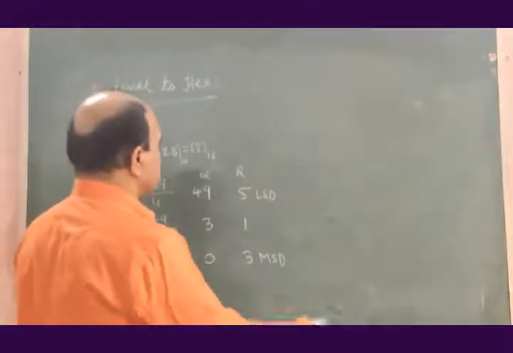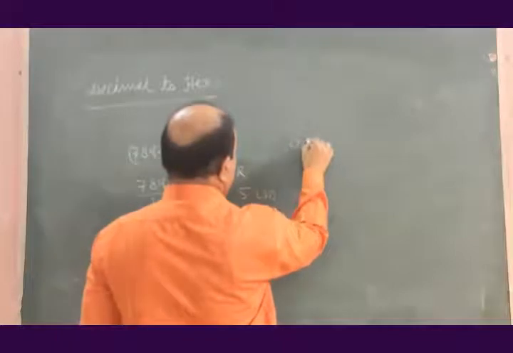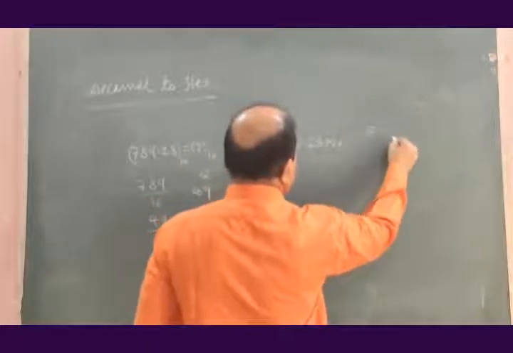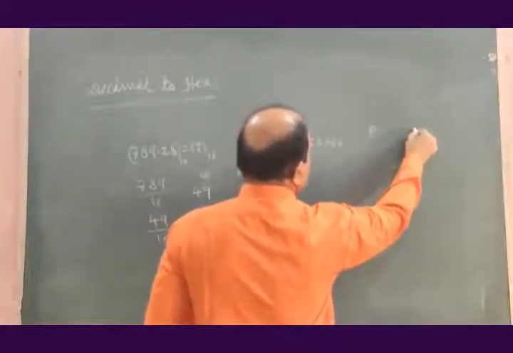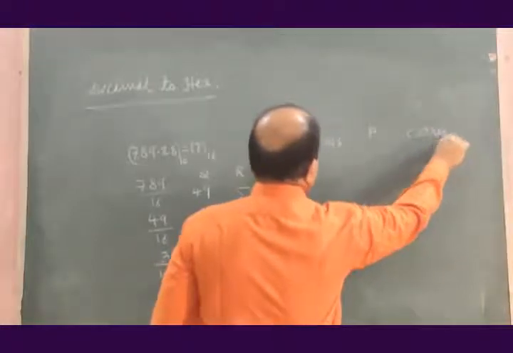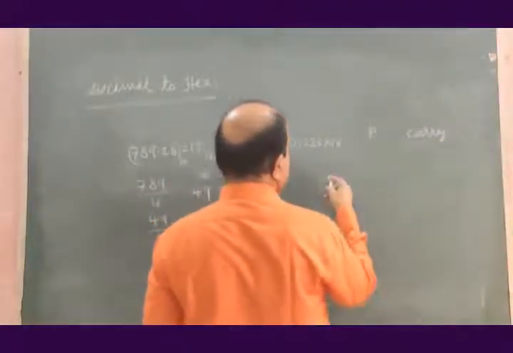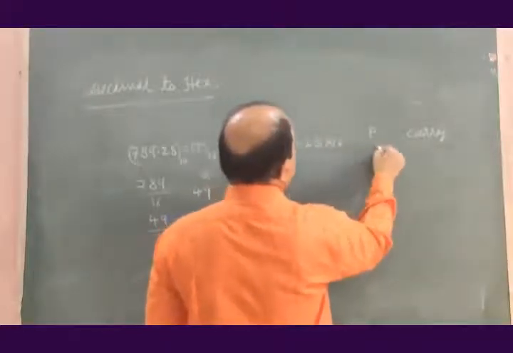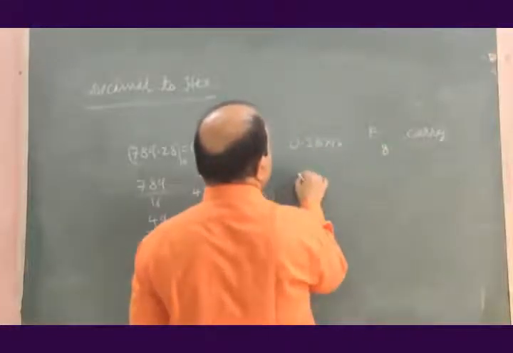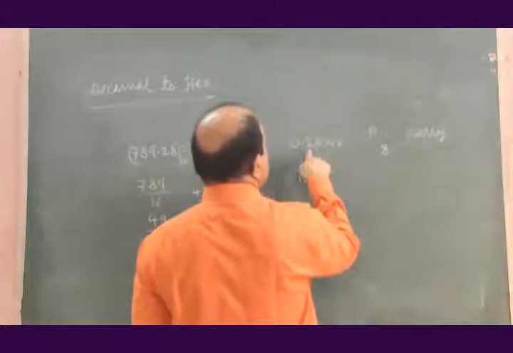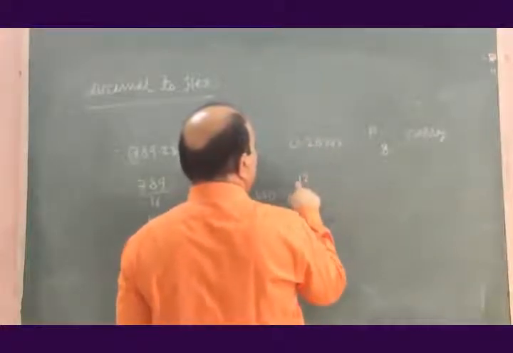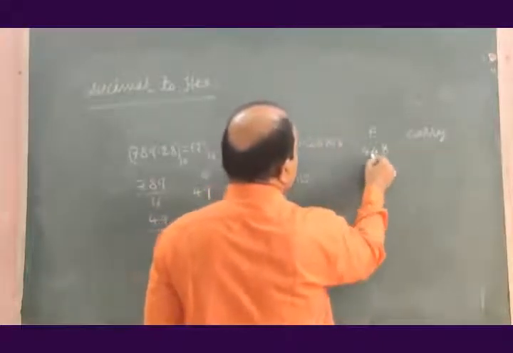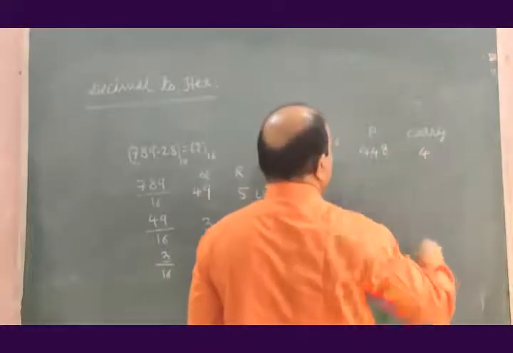Now let us go for the fractional part. 0.28 into 16, product and carry. 128, 8 carry 12. 16 2s are 32, 34, 44. Decimal point after 2 digits, carry is 4.